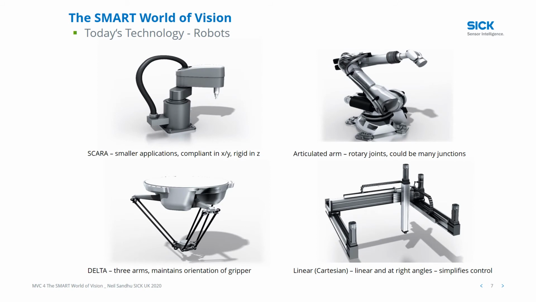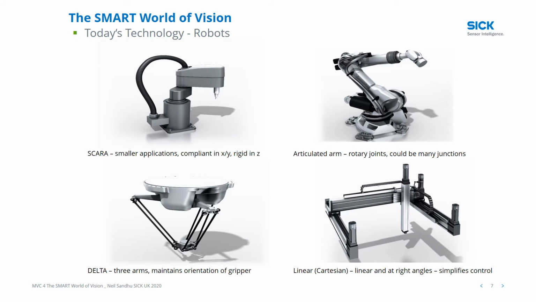And typically we have a number of different types of robots. Some of you may have seen these before, where we have the SCARA based robots, so typically the smaller types of applications where they're mostly moving in X and Y, and the rigidity in the Z axis for the heights. Over here we have the articulated arm, typically, that has a number of rotary joints that could move in different axes, and the more joints you have, the more degrees of freedom in different axes.